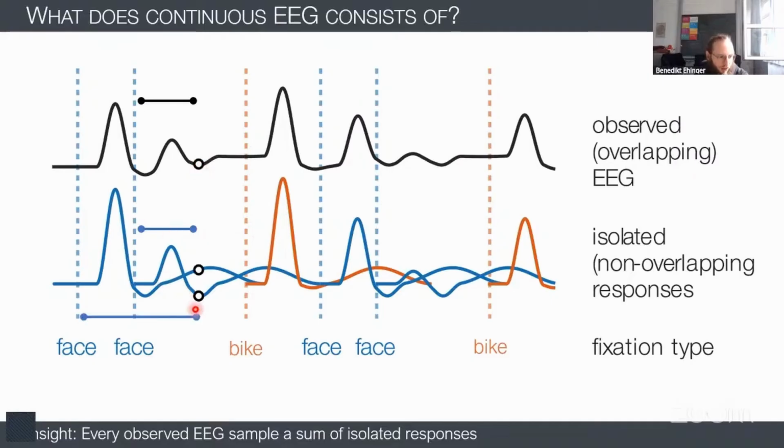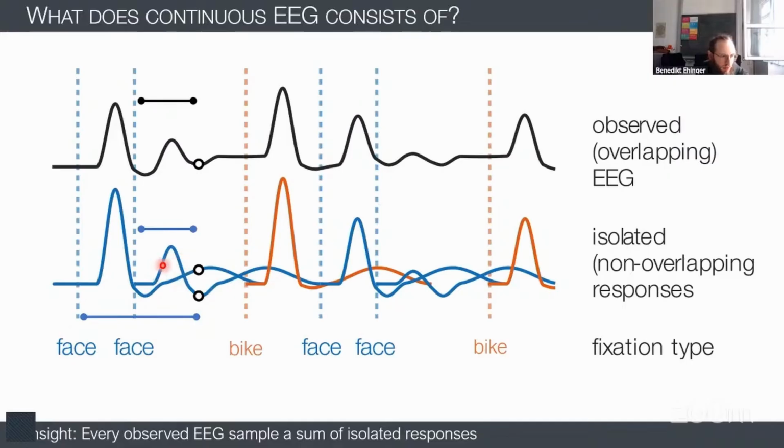This activity also can come from a different event further back. And then we know, because of Maxwell's equations, that everything adds up linearly. So if there are no interactions between the events, let's assume that for now, then what we observe here is just the sum of all the activity of all the previous events, but importantly, at different time points. So this is the response after P1, N1. This is somewhere the response in the P3. But here, this is the response in the N1.